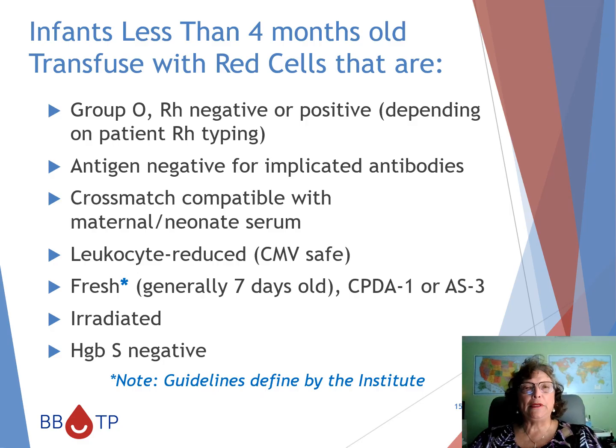So the next thing to consider is what type of red cells should we transfuse? For infants less than 4 months of age, we use group O, Rh negative or positive, depending upon the patient Rh typing, antigen negative for the implicated clinically significant antibodies, also cross-match compatible with the maternal or the neonate serum, leukocyte reduced, or what we call CMV safe, a fresh unit, and again, this is driven by the institution. Generally, institutions classify fresh as 7 days old, and we use CPDA-1 or AS-3 red cells.